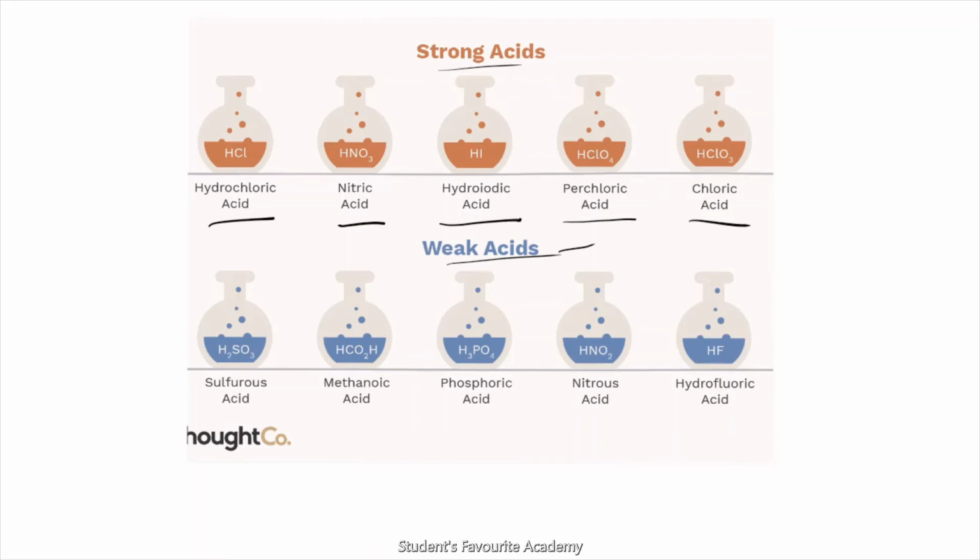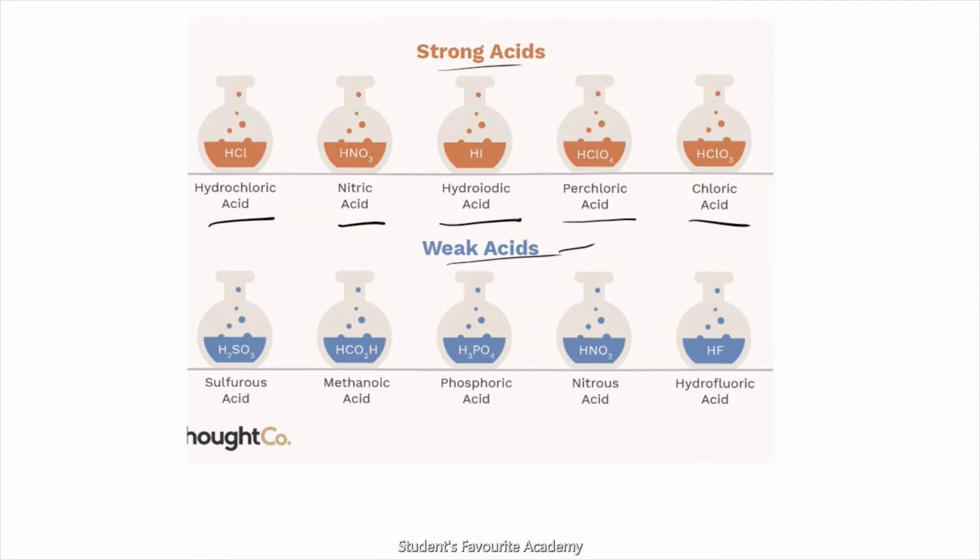Some remain as molecules and only some dissociate, forming H+ ions. So such acids will have in their aqueous solution some molecules which have not dissociated into ions and some hydronium ions. So the concentration of hydronium ions in the aqueous solution will be lesser. Therefore they are called weak acids.